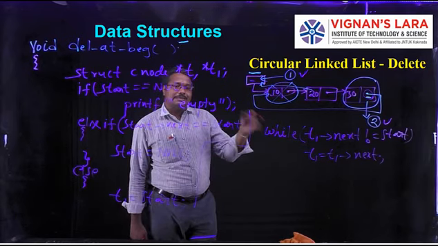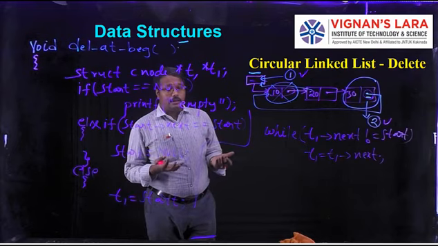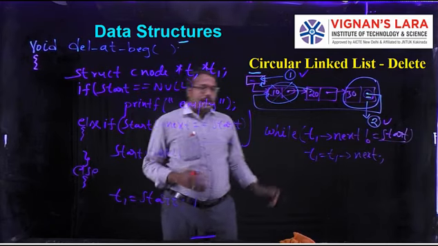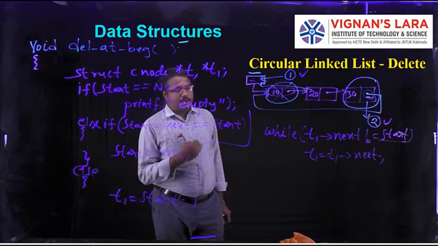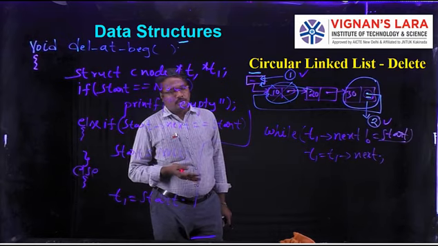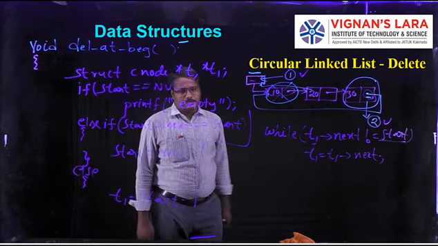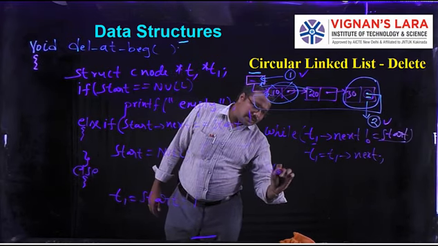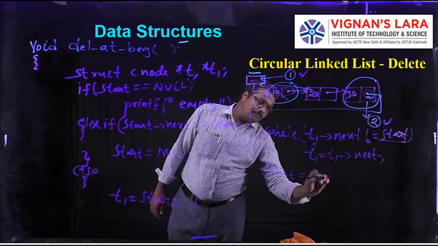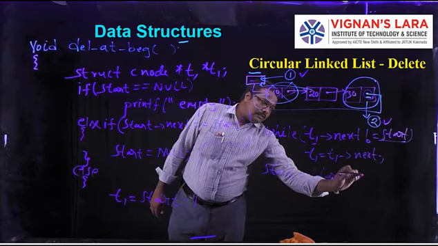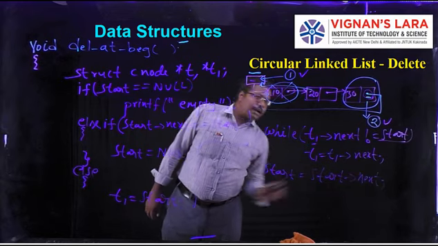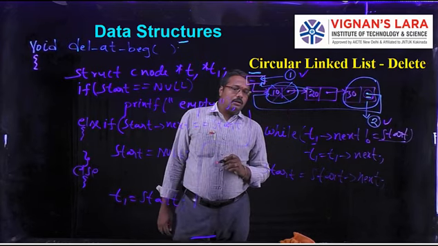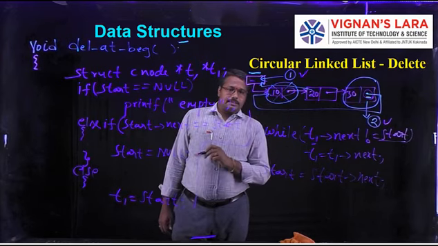So once this loop is iterated, where the node having next field as a starting node address, I am getting that. So that particular node is the last node. So the last node address is in T1. Right now I am changing the starting node address. So start is equal to start of next. Initially the starting node having 10th node address.